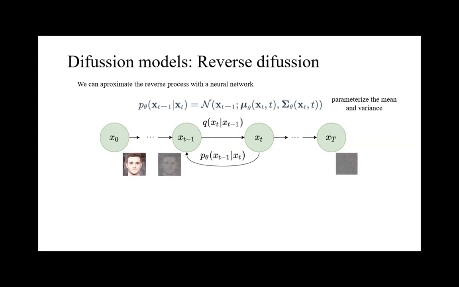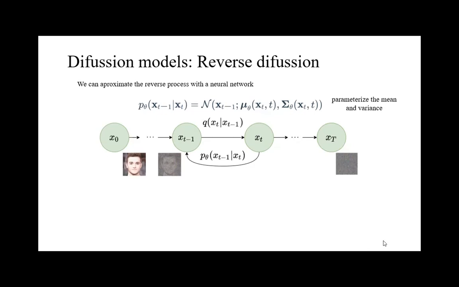So the interesting part is the reverse diffusion. Here, what we are trying to do is compute the probability distribution of my previous step, T minus 1, conditioned by my current step. So I'm here and I want to compute the probability distribution of the previous step, right?